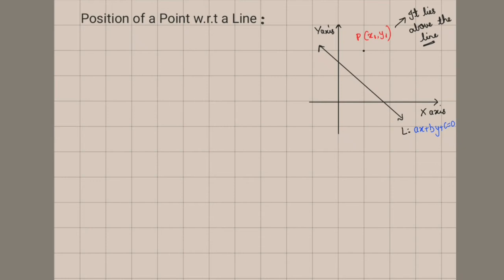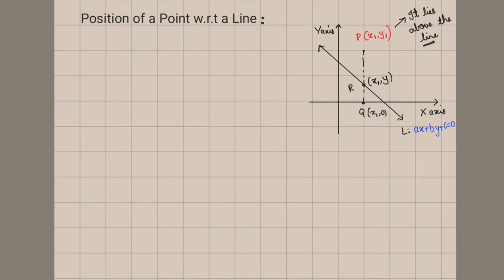Now, if you draw the perpendicular from P to the x-axis, let's say this is some point Q. The coordinates of Q is x1 comma 0. Similarly, a point R which is on the line, the coordinates of R will be x1, since the abscissa is the same for all these points, and let's say its ordinate is y.